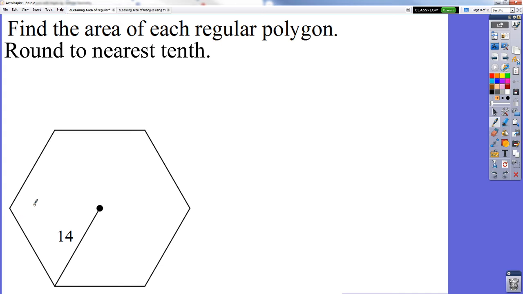Once again, we count. We've got 6 triangles that we're making up. Each of these is 14. And since there's 6 triangles, each of these angles in the center is 60. We can do the same thing we did before to show why that's true. 1/2 times 14 times 14 times sine of 60.